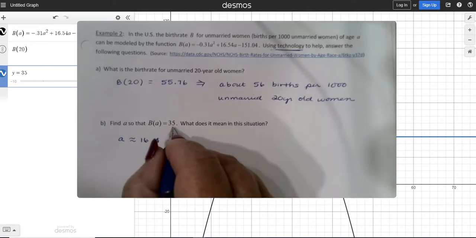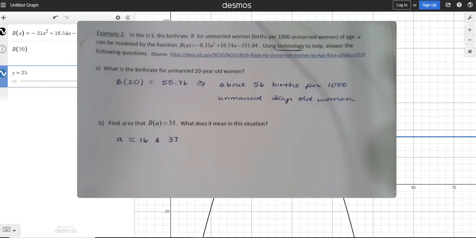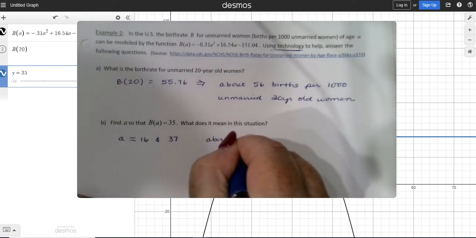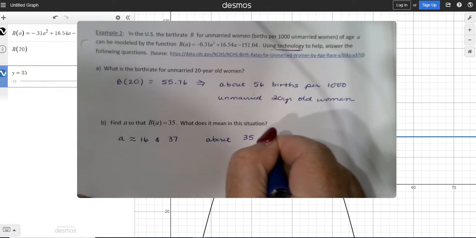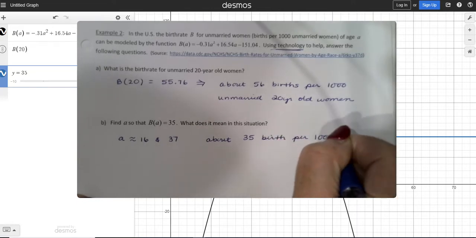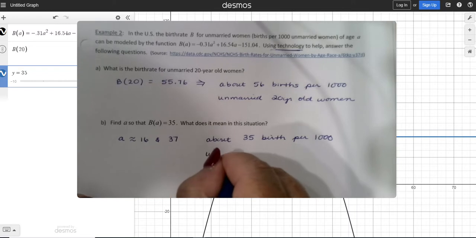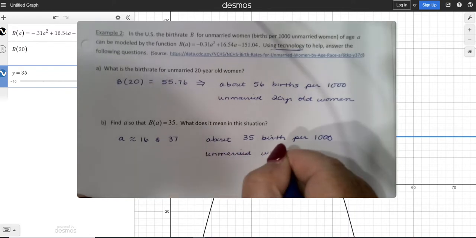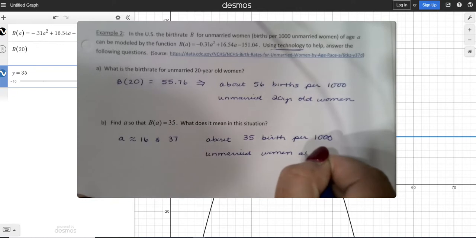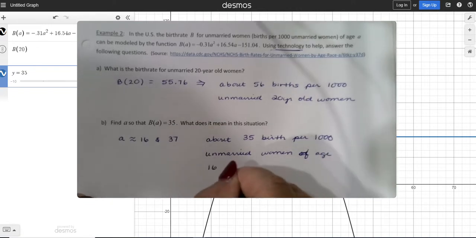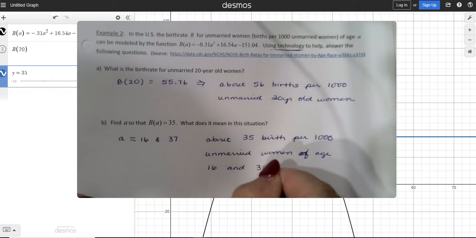So birth rate is 35 per thousand. There are about 35 births per thousand unmarried women of age 16, and again at 37.